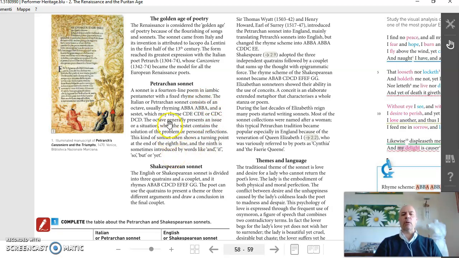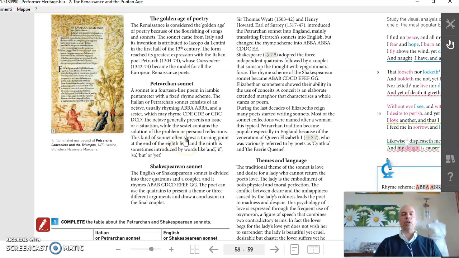The Italian one consists of two stanzas: an octave that usually has this rhyme, ABBA, ABBA, and a sestet which may rhyme CDE, CDE, or CDC, DCD.